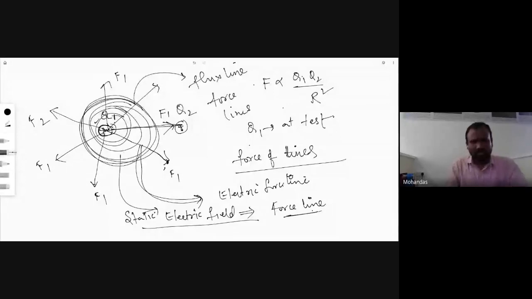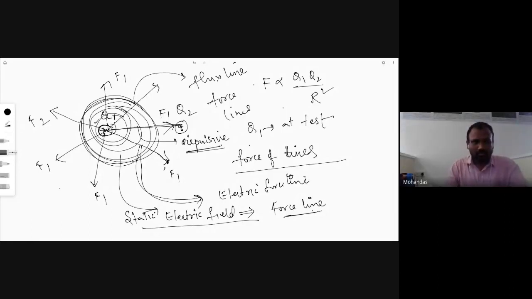Now, as these two charges are of the same type, there is a repulsive force, a force of repulsion. Come to the point here.